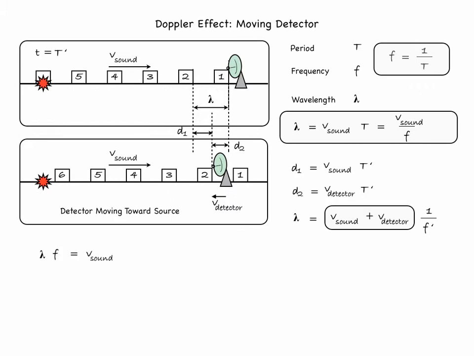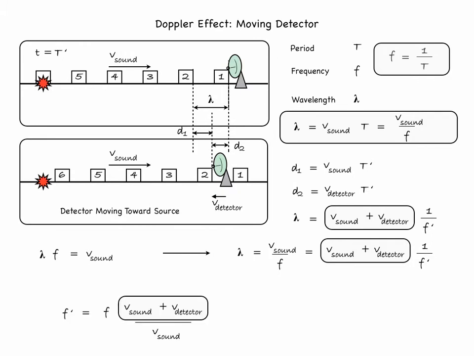Of course, lambda times the frequency with which the bleeps are emitted at the source must be equal to the velocity of sound, and so we can write that lambda is equal to v sound over f, that original frequency with which the bleeps are emitted, and that must be equal to the sum of the velocity of sound and the detector times 1 over f prime. Here f prime is the frequency of the bleeps as they're detected by the detector.